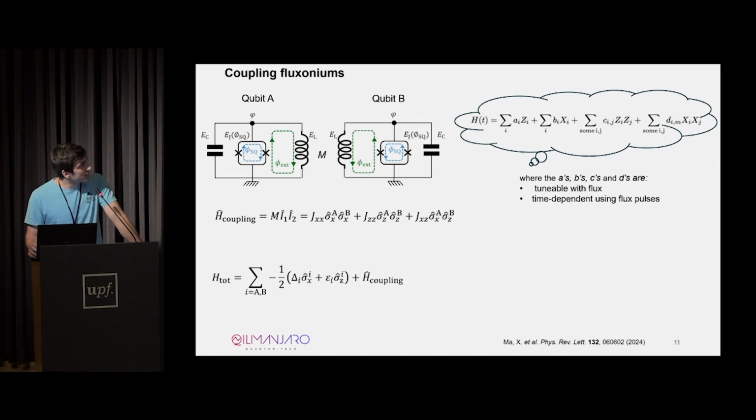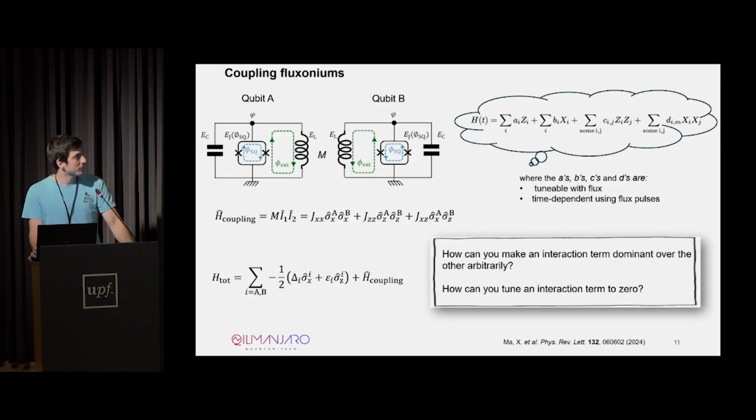Furthermore, these coefficients ABCD that we have, we can tune them with flux, and we can also make them time dependent using flux pulses. So this is all very good, but of course we have some challenges.